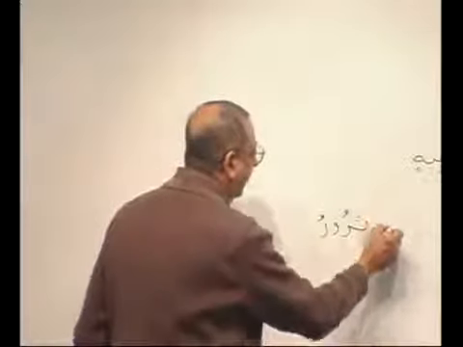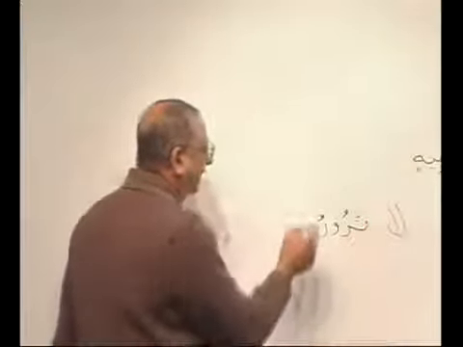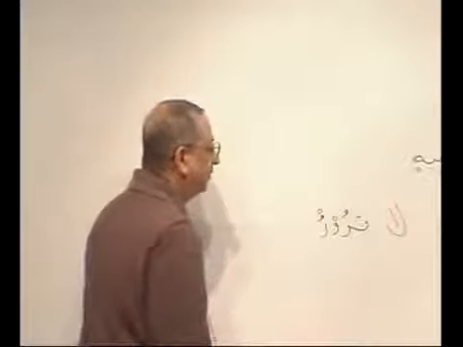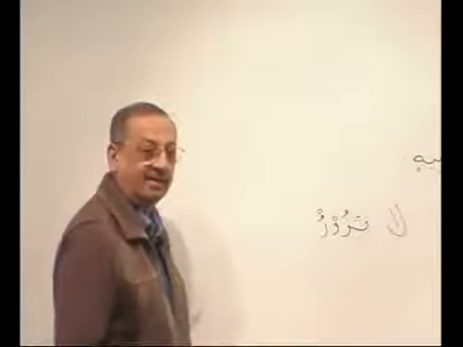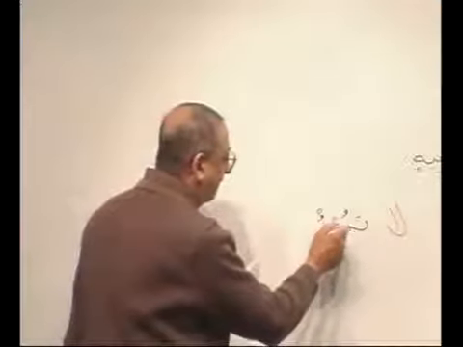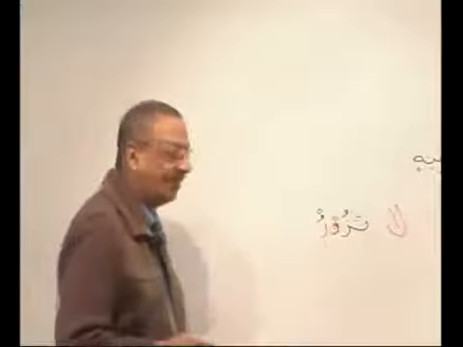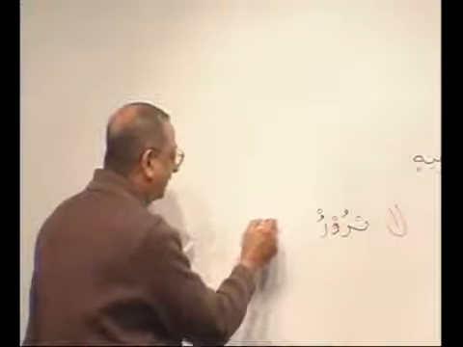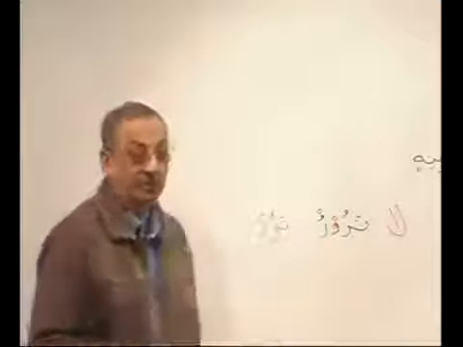This is la nahiya. There is a sukun here. Iltiqa sakinayn. So what is the result now? Brother, you got to write these exercises. This is very easy, but we will forget.